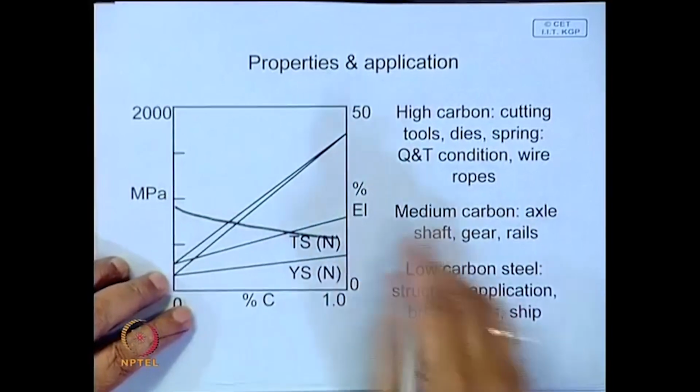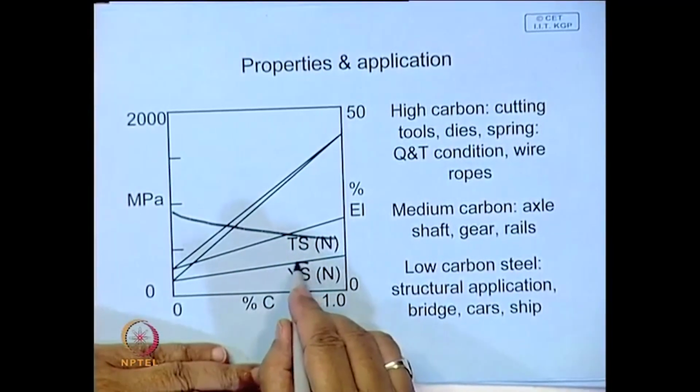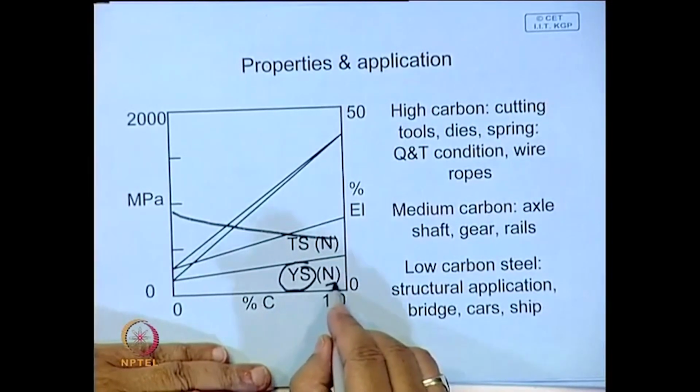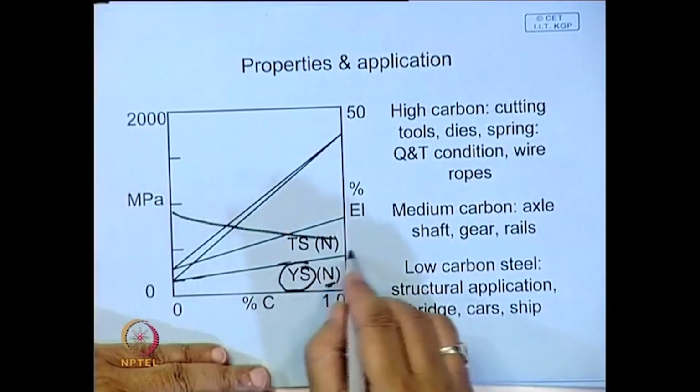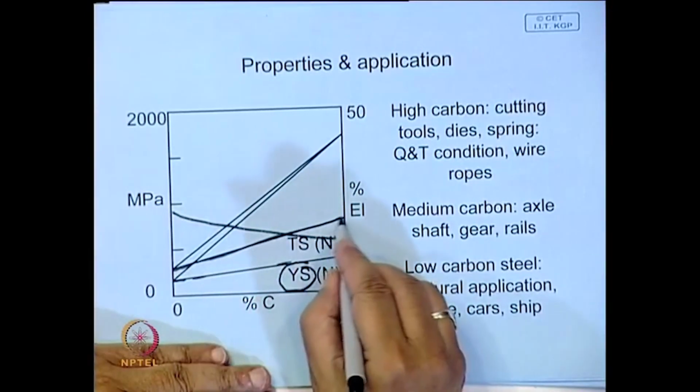But this strength will also depend on the type of heat treatment that you give. Say yield strength, if it is normalized, this is the plot it follows. If it is tensile strength you are measuring, this is how it will follow.